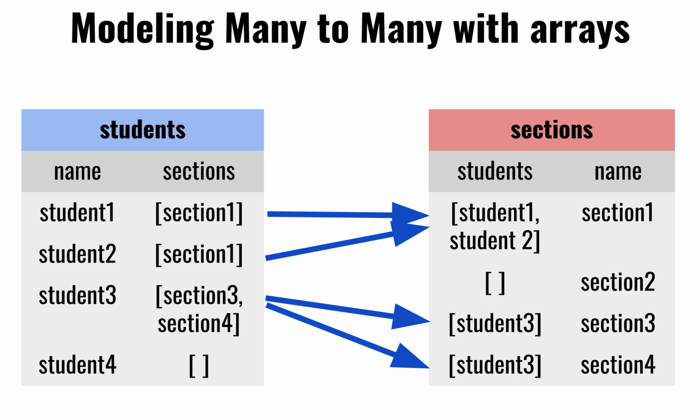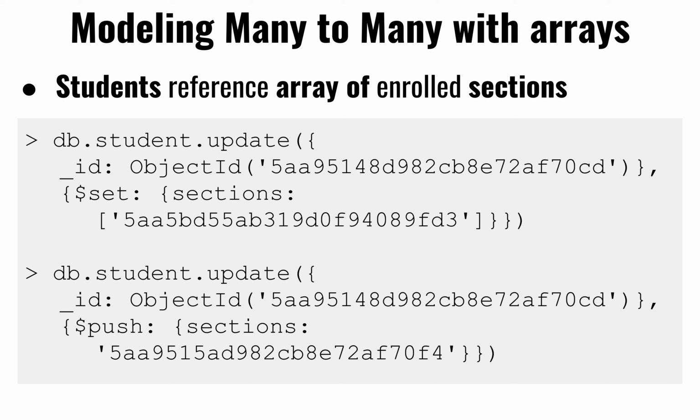Or, right, if we're implementing the students pointing to the sections, instead what you would do is that you would have this redundancy, where you're storing the same information twice. Right, the students knowing about the section and the sections knowing about the students, right? That if you update one, you're going to have to update the other, right? So there's a redundancy.